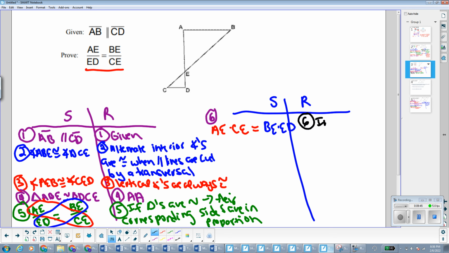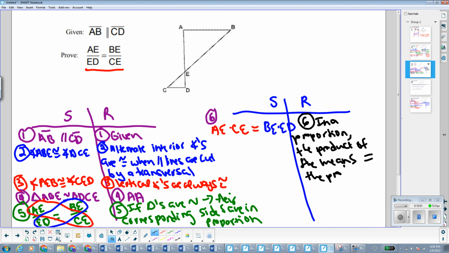In a proportion, the product of the means equals the product of the extremes. And there we go. Once again, we have proven a product.